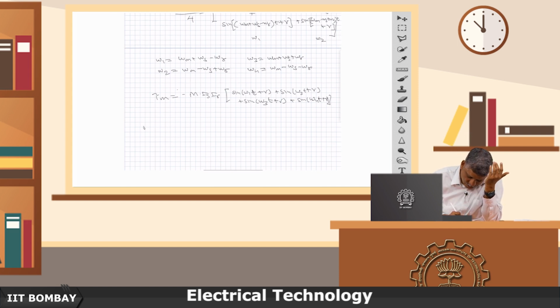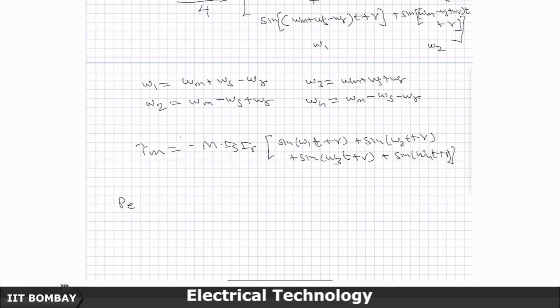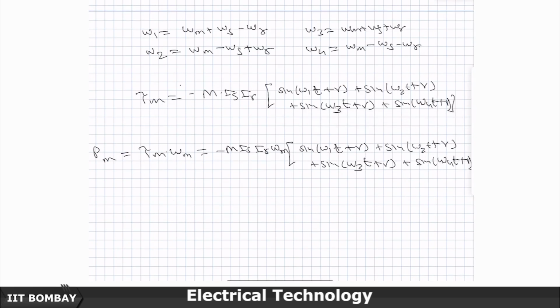So, before average work gets done, let me also now write the expression for P_m, which is the power, which is torque times omega_m, the speed. So, therefore, it will become minus I_s I_r omega_m into this. This is the overall expression for P_m.